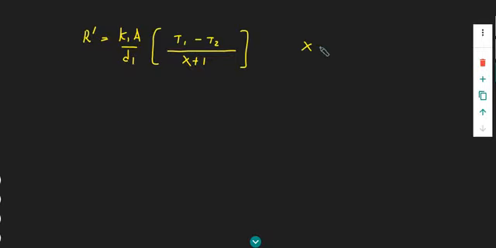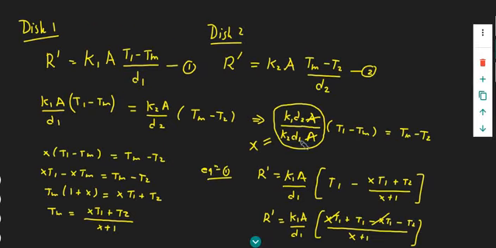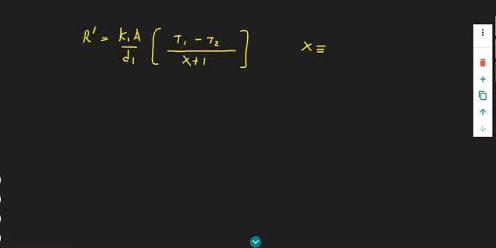Now x is something that we defined, so we need to substitute back for x, which is k1 d2 over k2 d1. So k1 d2 over k2 d1, that is x.